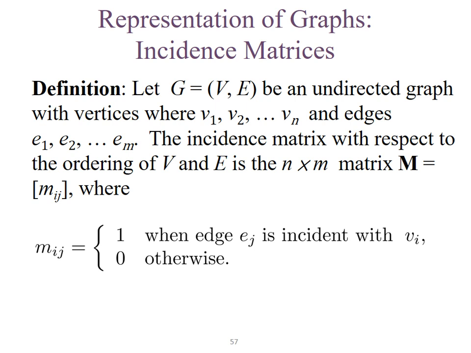So the incidence matrix will be n by m. And the definition for each entry ij: if edge Ej is incident with Vi, then we give a 1 for that entry.